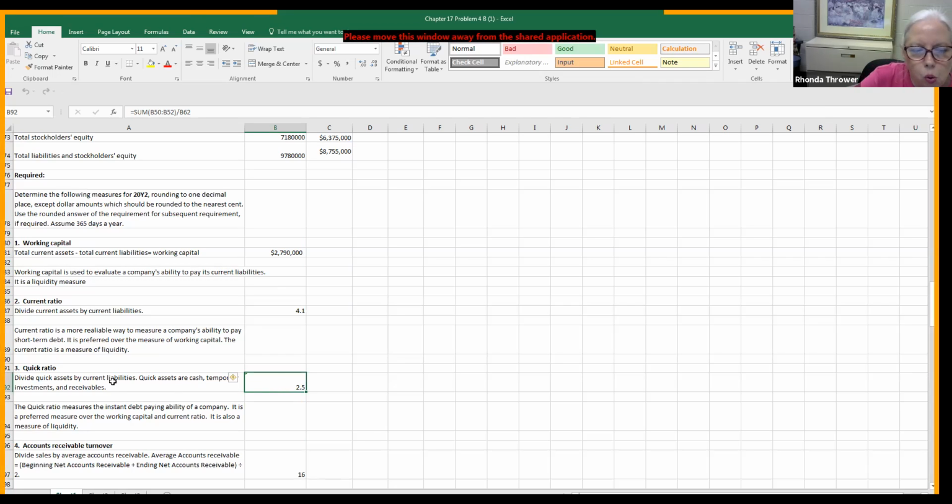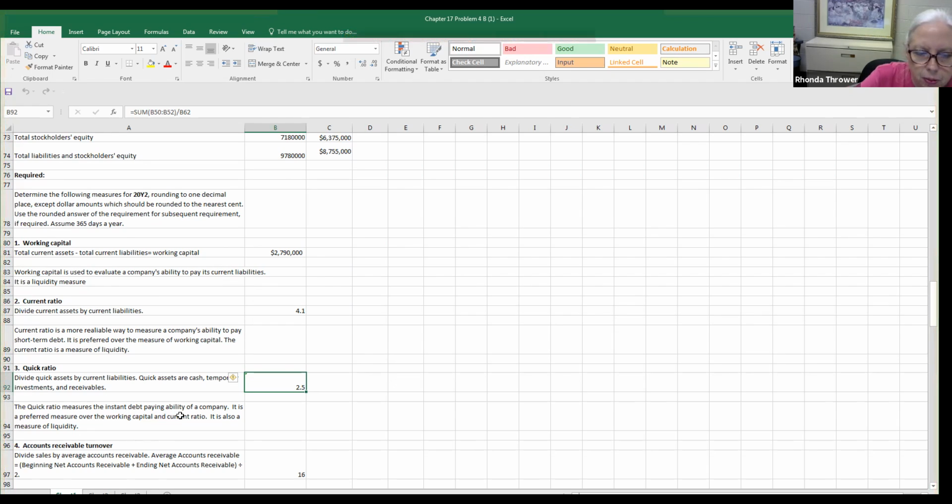And so the quick ratio is the best measure of all three of these current position analysis to measure your liquidity. It's the preferred method of measuring liquidity. And it measures the instant debt paying ability of the company. So it's one of the best measures.